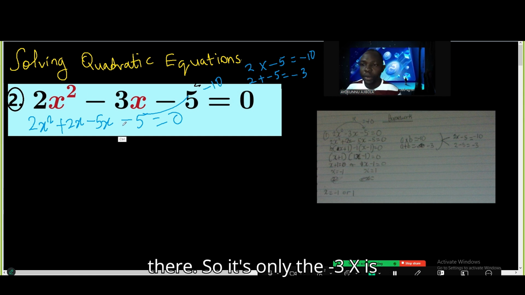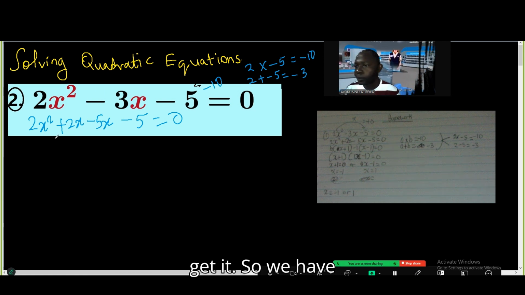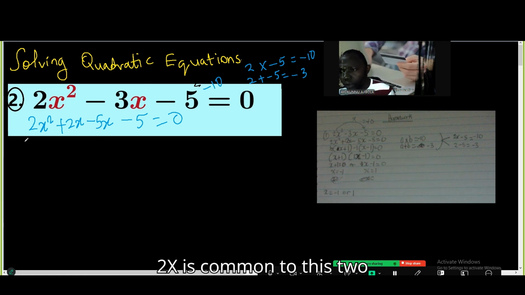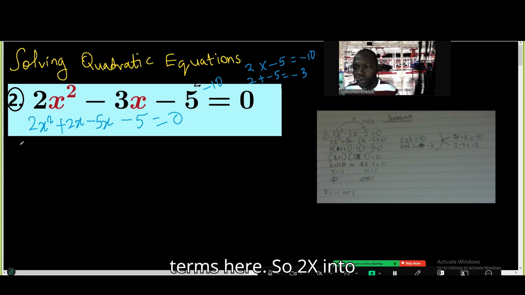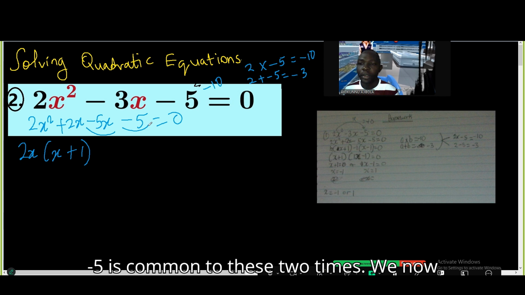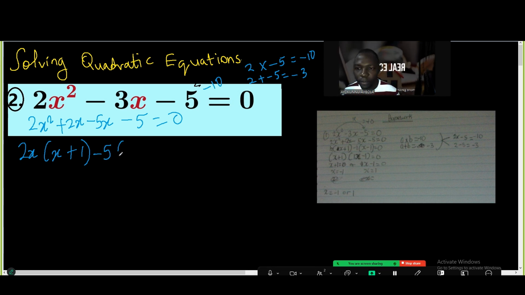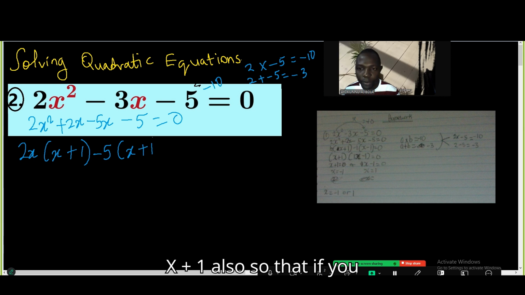It's only the negative 3x that is no more there, but if you add this, you get it. So we have 2x is common to these two terms here. So 2x into this is x plus 1. Then negative 5 is common to these two terms. We now have minus 5 into x plus 1 also.